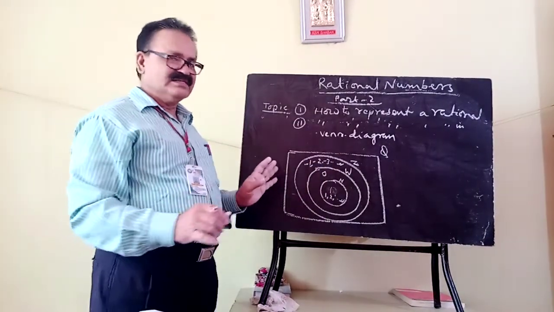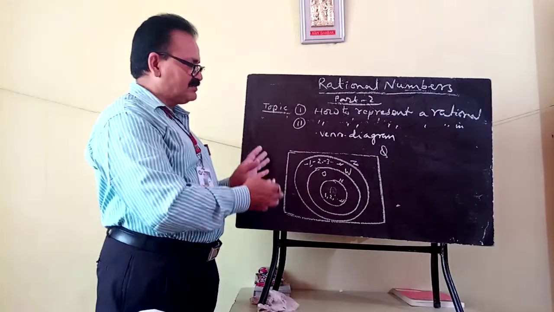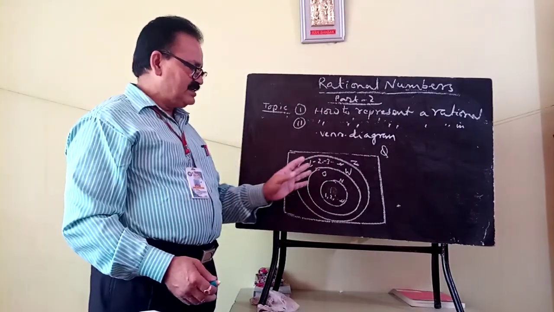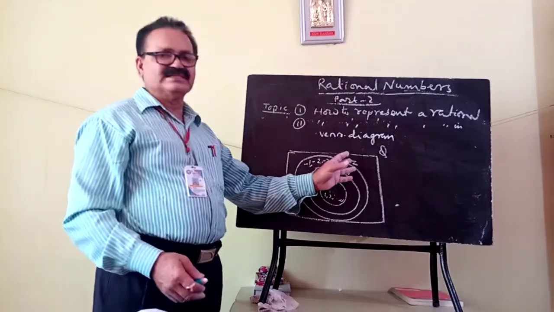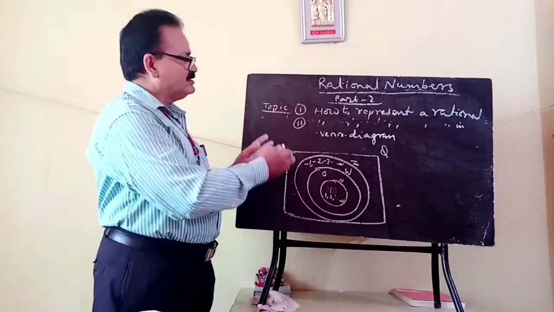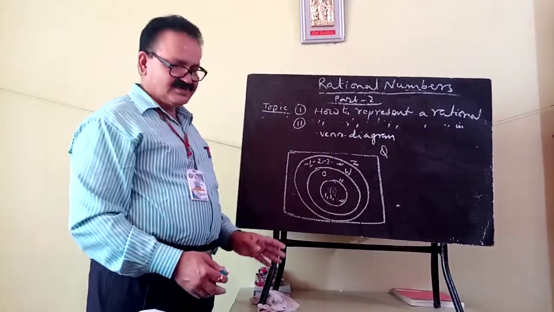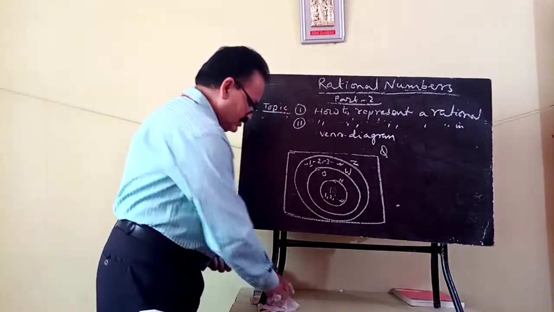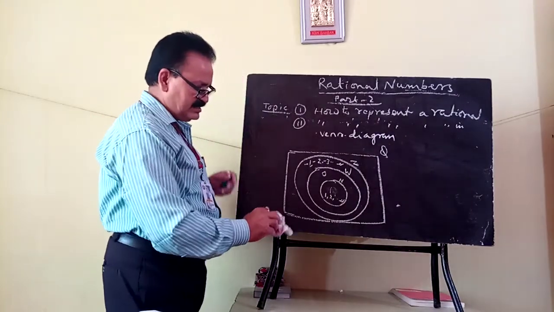Is it clear? In this way we can represent a rational number, natural number, whole number and integers in Venn diagram form. Okay? Now should I remove it? Clear?